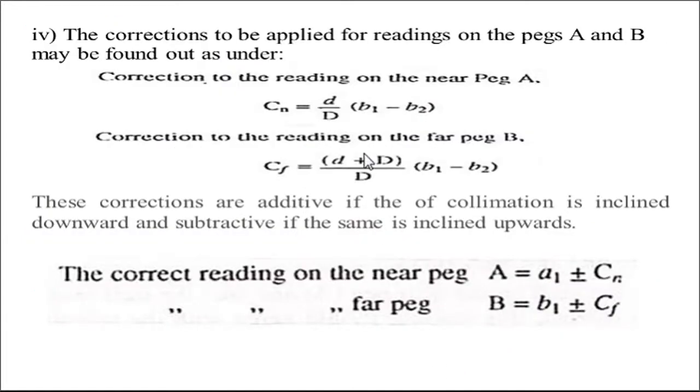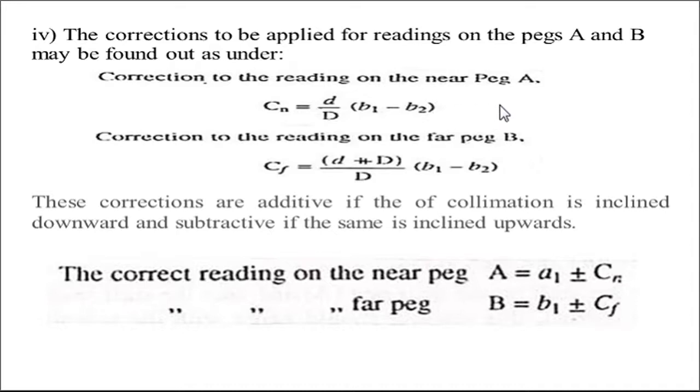Fifth step, the corrections to be applied to the readings on pegs A and B may be calculated as under. Correction to the staff reading on the near peg A, say Cn, is equal to the smaller distance divided by the total distance into bracket B1 minus B2.